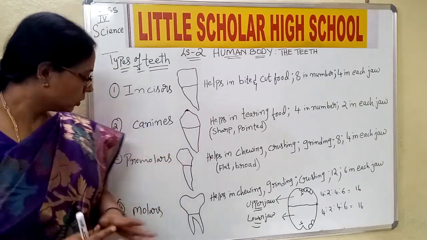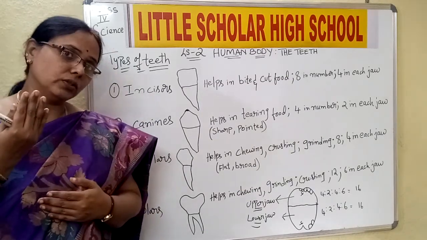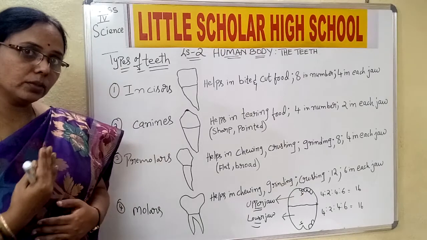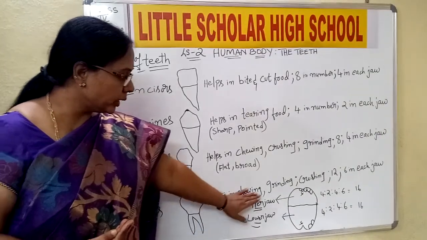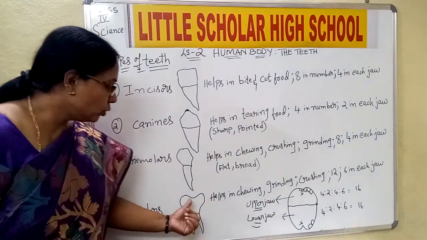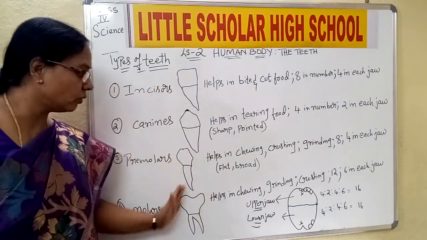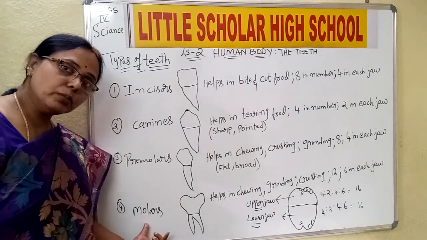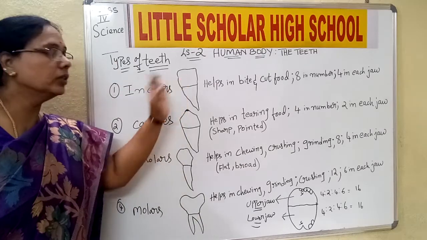Yes or no, children? So now here molars are the ones. Molars are the last part of the system of teeth, and they also help in chewing, grinding and crushing. When you look at the structure of the molars, they are much broader compared to any of the other teeth.